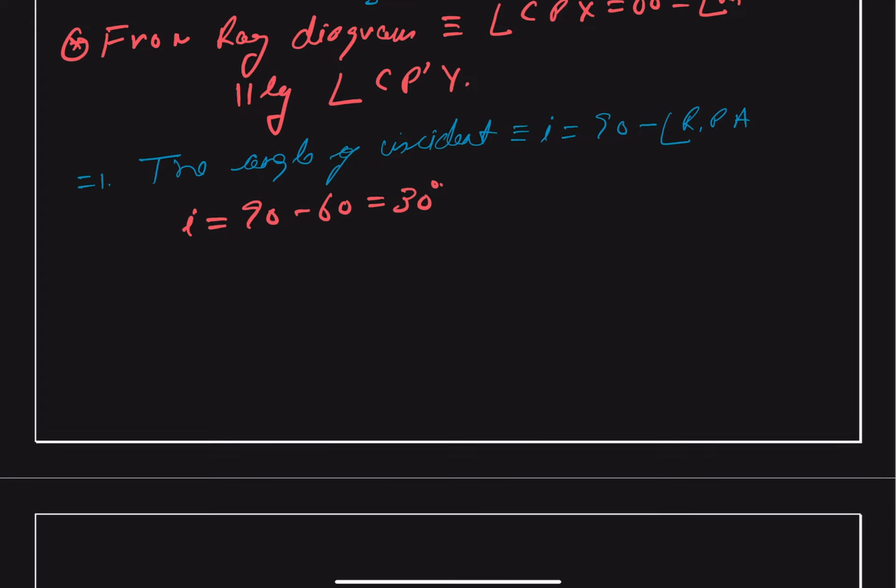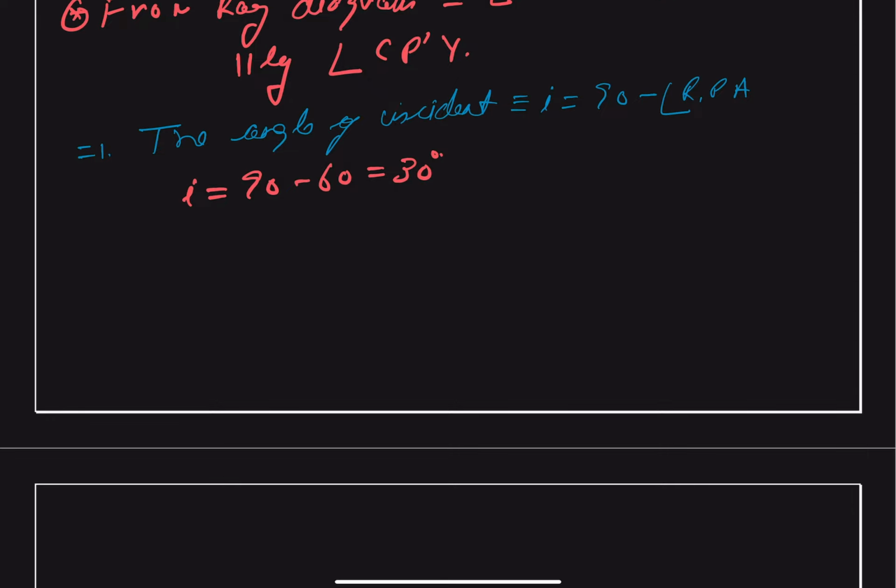Now we can use Snell's law, which is going to help us to find out the angle of refraction. Snell's law states that sine of incidence upon sine of refraction is equal to n2 by n1.